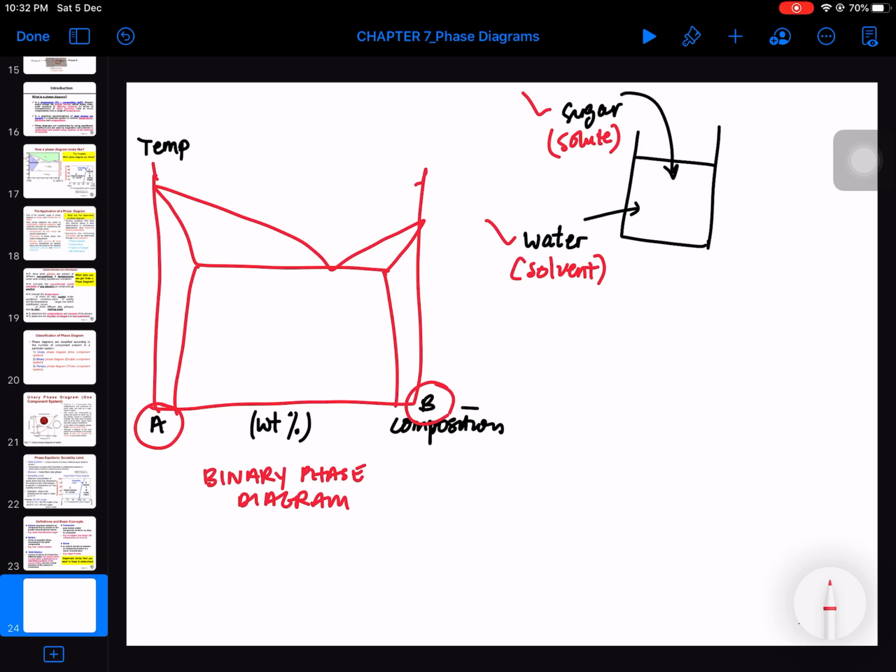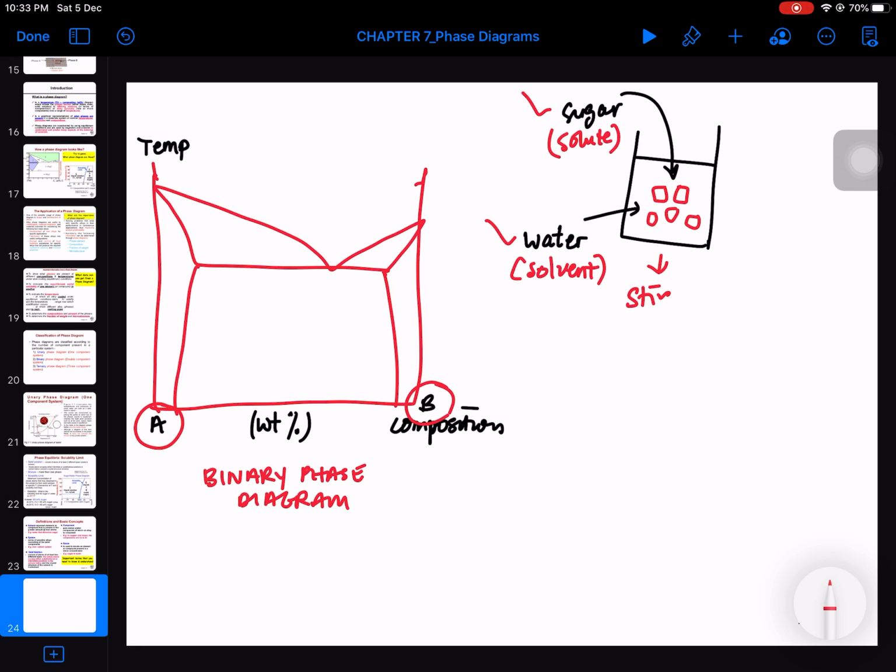Now let's have a look at the idea of a solid solution. Let's say we add sugar into the water. Next, if we stir the sugar inside the water, eventually it will dissolve.